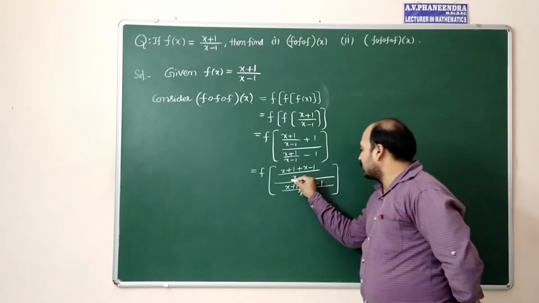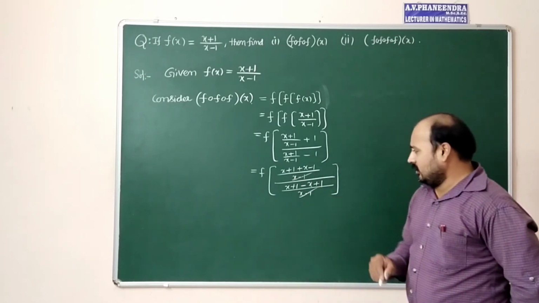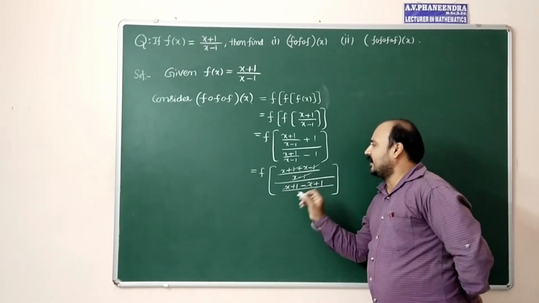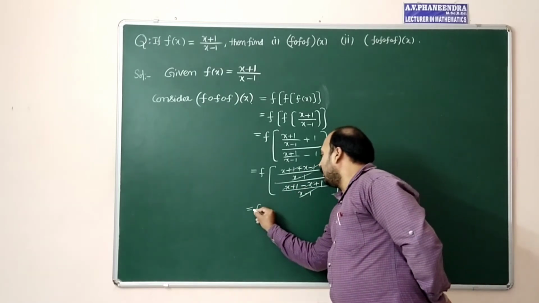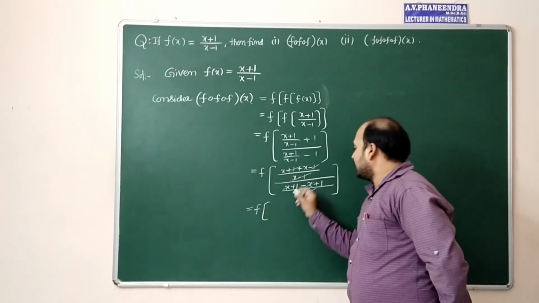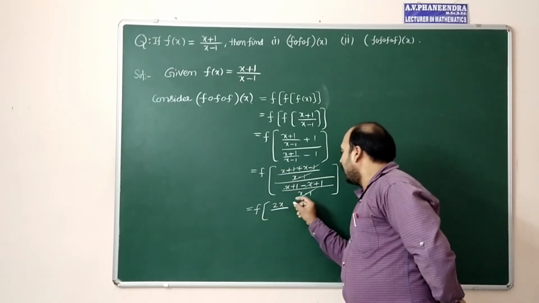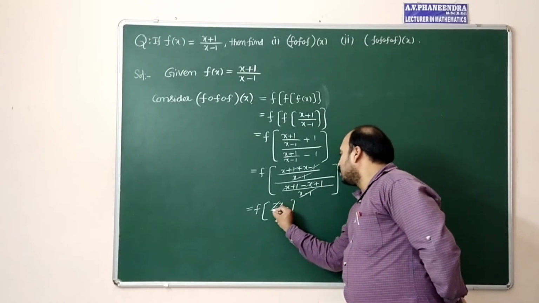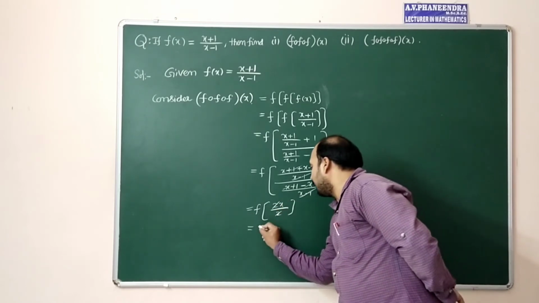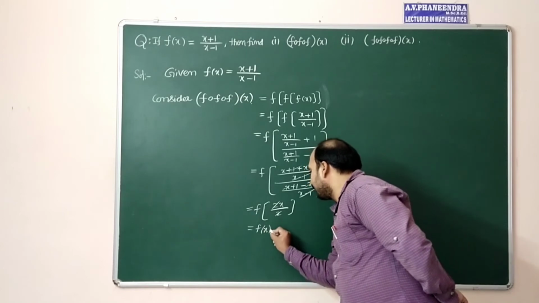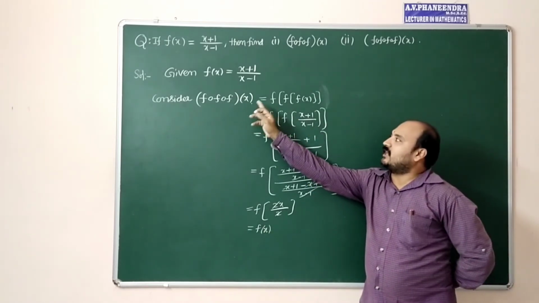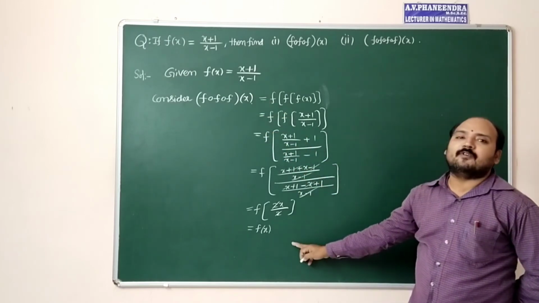So x minus 1 gets cancelled, minus 1 plus 1 gets cancelled, minus x plus x gets cancelled, which is equal to f of x plus x is 2x divided by, here 1 plus 1 is 2, 2 gets cancelled, which is equal to f of x. So the value of f circle f of x is equal to f of x.